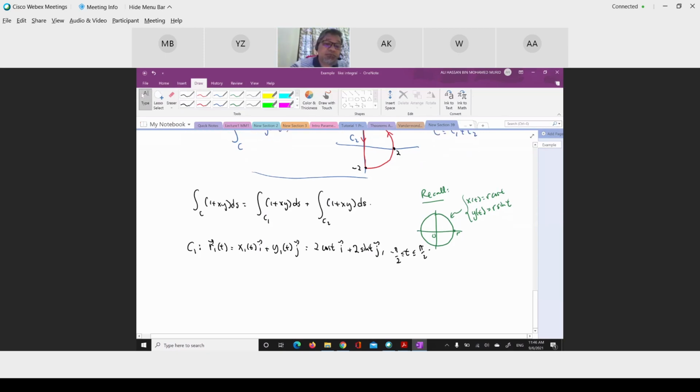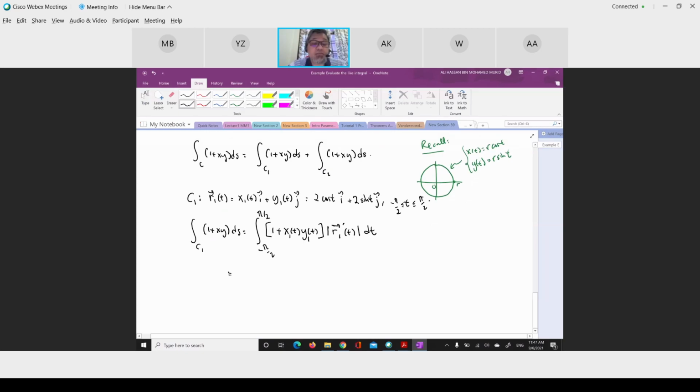So now we can evaluate the integral over C1. We replace x by x(t), replace y by y(t), and replace ds by the modulus of r1 prime (t) dt. And t is from minus pi over 2 up to pi over 2 here.